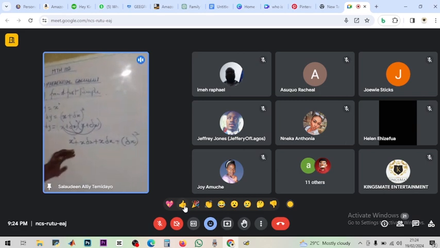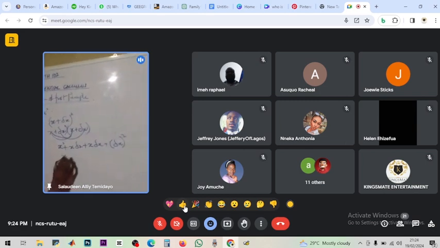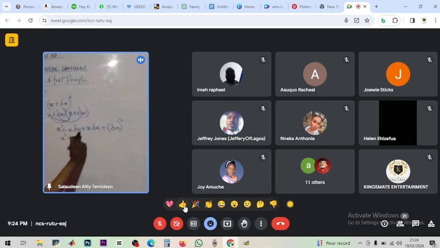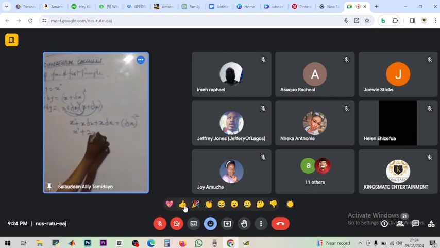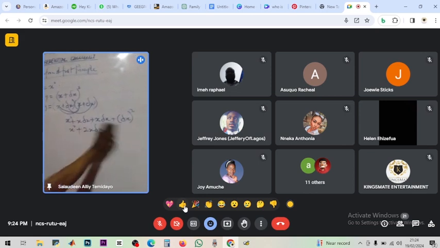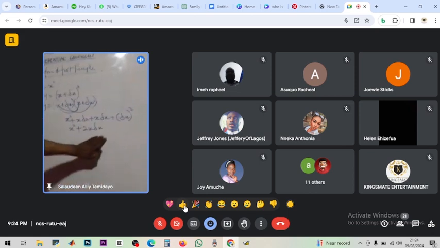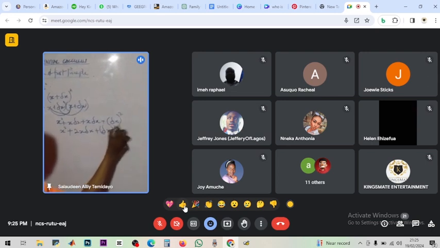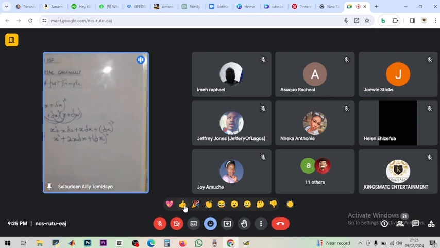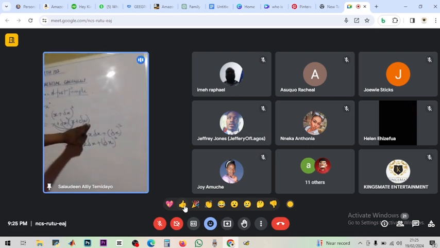So I have x squared, plus x dx plus x dx gives 2x dx. So plus dx squared. This is what we have as the expanded form of this thing.